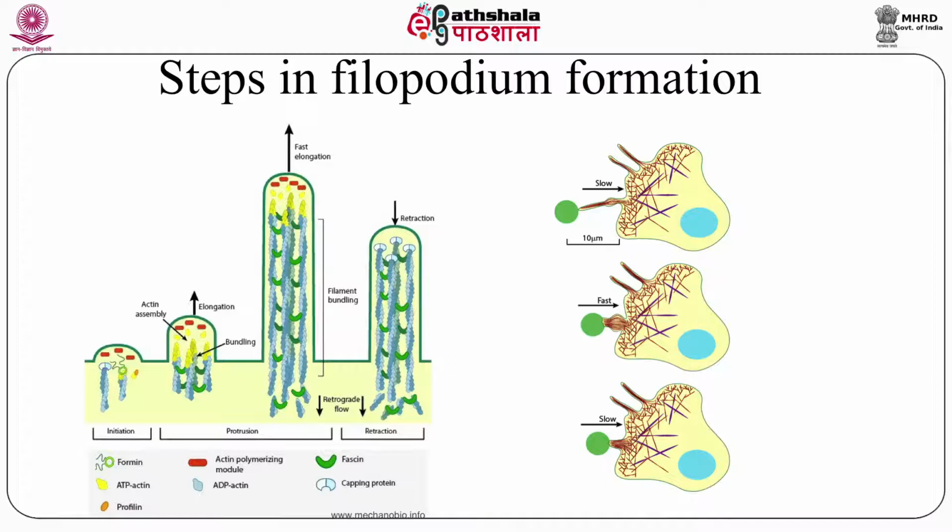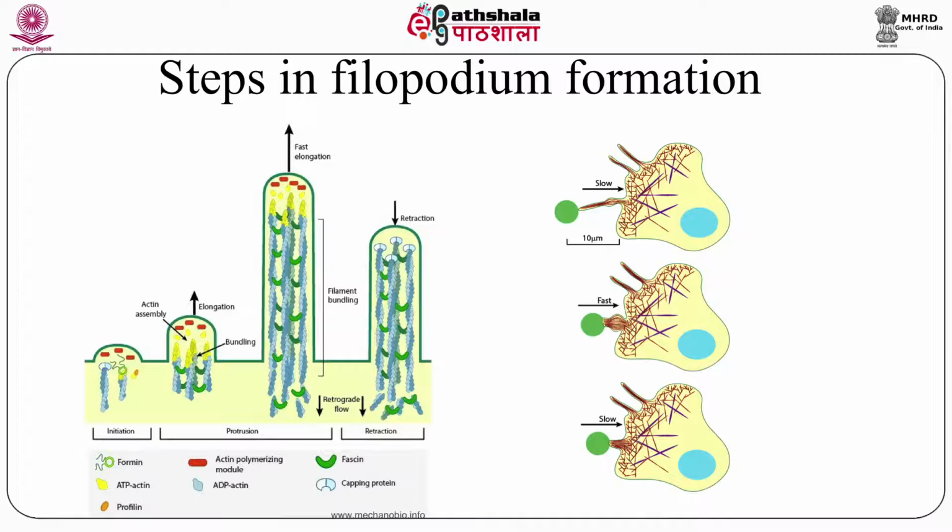Actin filament assembly is initiated by uncapping preformed actin filaments or de novo formation, which utilizes formin proteins and ARP2/3 mediated actin nucleation. You can see the first panel of the diagram showing initiation, where you can appreciate the actin polymerization module marked in red and formin proteins. Also, you can see the actin filaments.